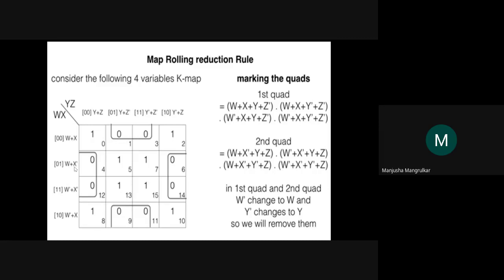The constant is the X complement. Now we can see that Y plus Z with Y complement plus Z, only Y changes to Y complement, Z is constant. So what will be the term for these four zeros? It is X complement plus Z, only two variables.